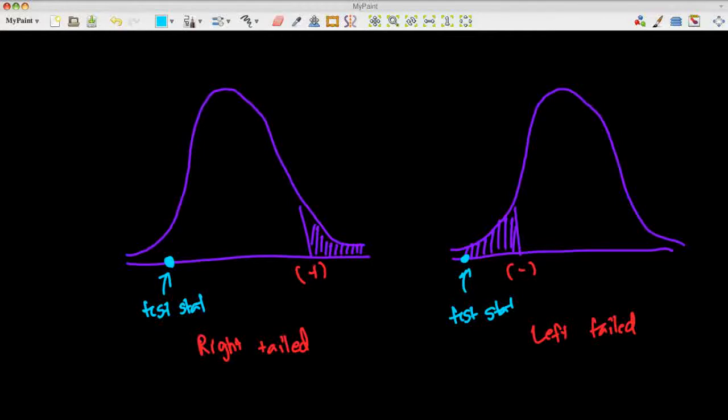The one on the left side, which is the right tail test, you can see that the test statistic does not fall in the rejection region, so fail to reject null. And the one on the right hand side, which happens to be a left tail test, the test statistic falls in the rejection region, so you reject null.